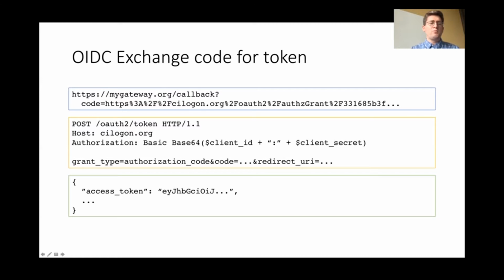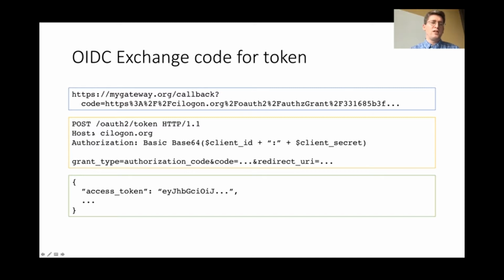CILogon then redirects back to the gateway, and when it does, it passes the code as a request parameter. So this access code is this long, unreadable thing here. What you do then is you take that code and your web portal makes a request to CILogon.